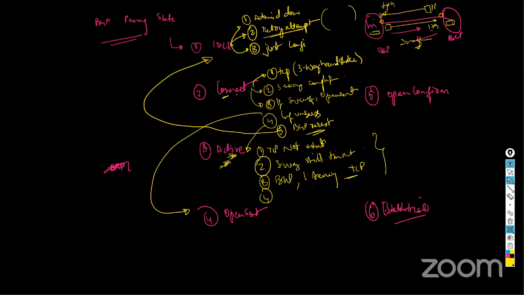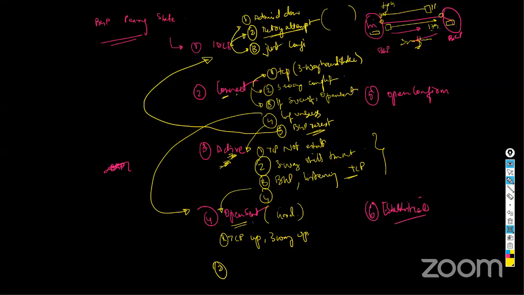If for some reason the three-way handshake goes well, it will be put into the next state, called open sent. Open sent is a good example. Open sent is when you have TCP done, you have TCP up, which is nothing but your three-way handshake being up. What else do you see in open sent?